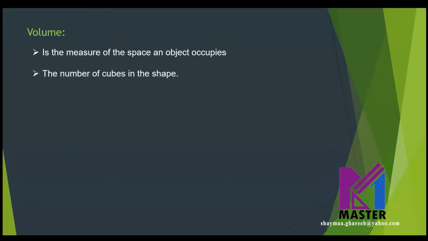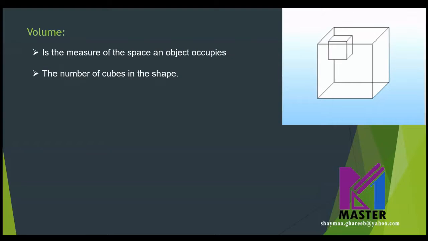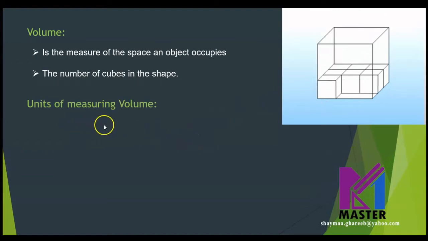Let's start our lesson. Volume is the measure of the space an object occupies, and we can also say it is the number of cubes in the shape, as you can see here. Okay? Units of measuring volume. How do we measure the volume?